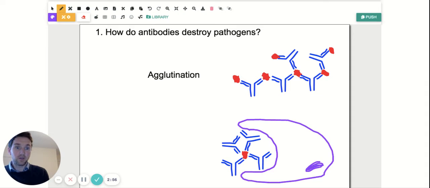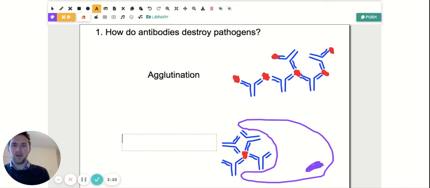And it is engulfing, remember that's the word, engulfing or ingesting the pathogen and those antibodies by phagocytosis, and that will create a phagosome. Lysosomes will fuse with a phagosome, and the lysosomes will release their enzymes, lysozymes, into the phagosome and hydrolyze the pathogen.